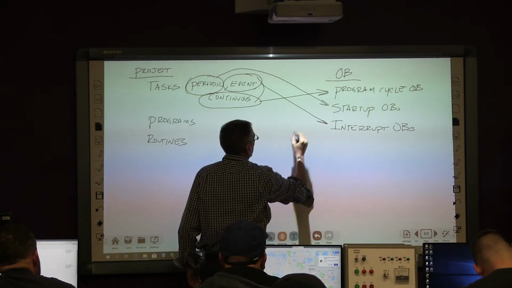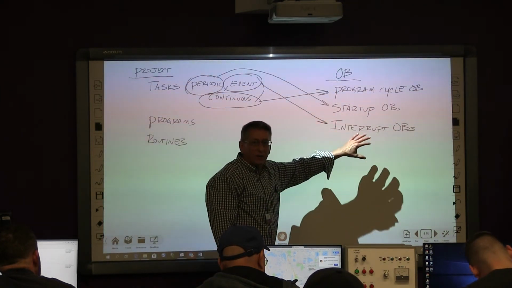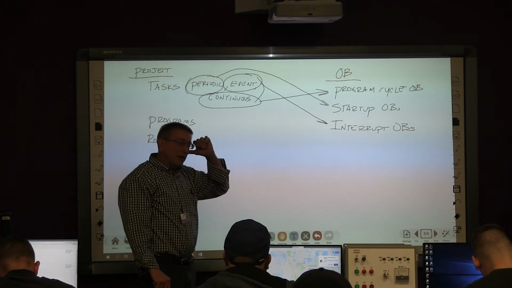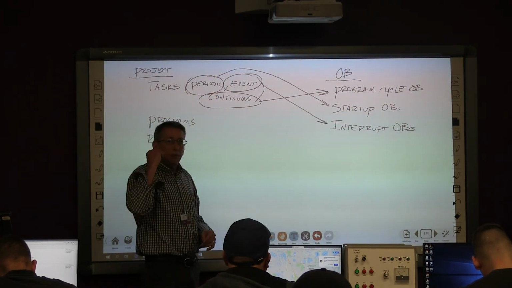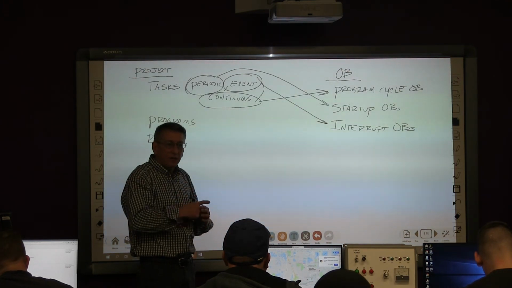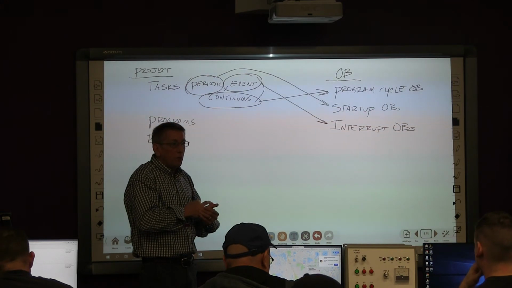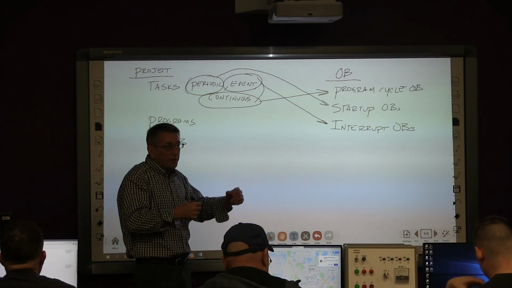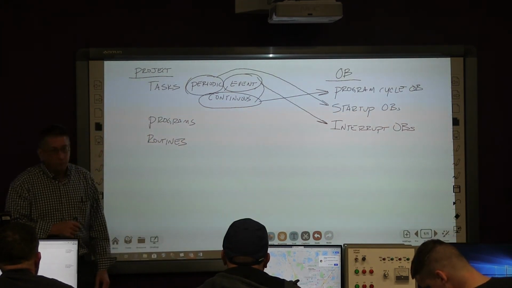Startup OBs are not required. We can make a startup OB, and here's how it works. As soon as the PLC boots up and starts scanning, the startup OB is the first thing that happens. Maybe we want the PLC to go out and check the status of inputs, or the status of alarms or faults.